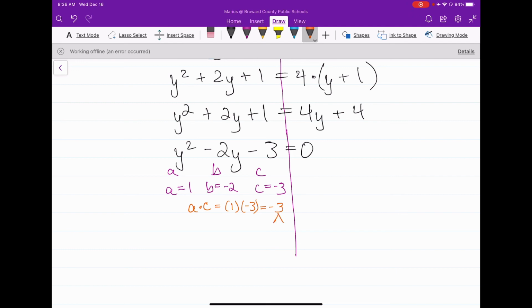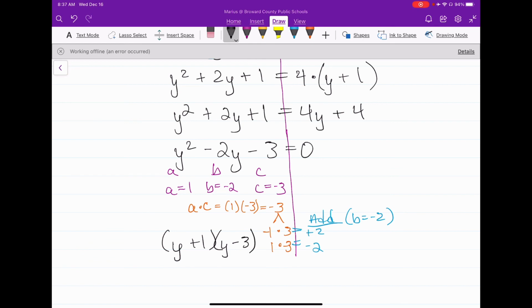And when we factor, that's 1 times 3, because either the 1 can be negative or the 3 can be negative. When we add these, I have to see which one equals b, and b in this case is negative 2. So one option gives us positive 2. When I add these, it will make negative 2. So we can factor it to say y plus 1 times y minus 3.